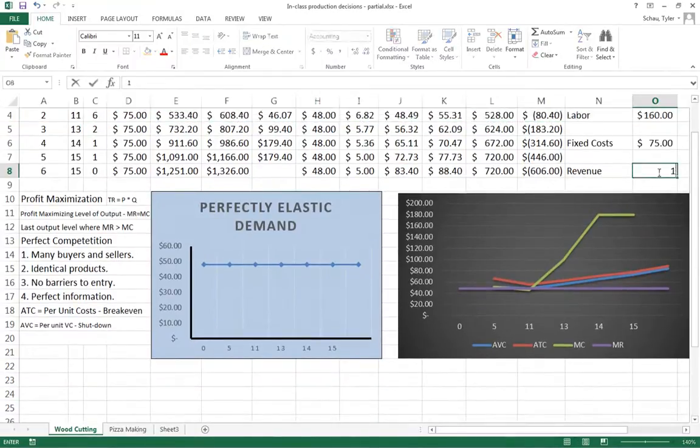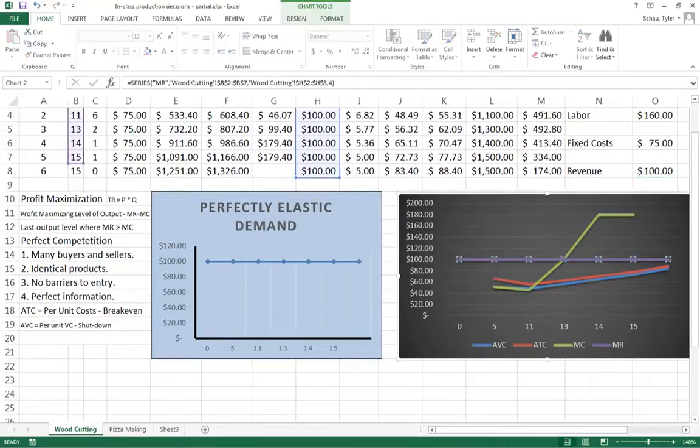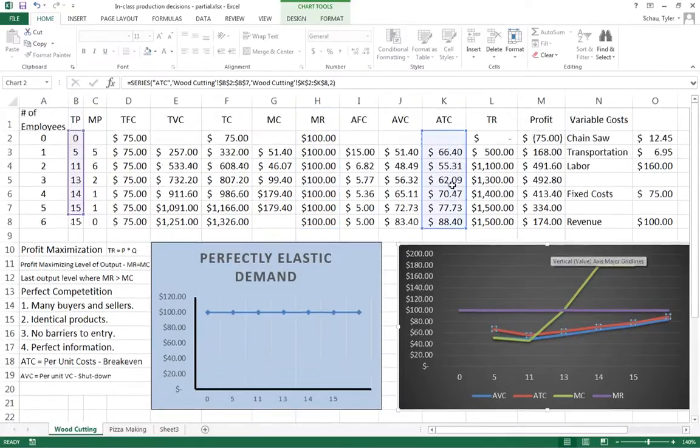Let me take this back to $100 here. That means we're going to produce at this level 13 units. Okay, marginal revenue equals marginal cost there. I can figure out at that level my average total cost is $62.09 and my average variable cost is $56.32. I'm covering both of those and I'm making money. I'm making profit. Hopefully that kind of helps to understand how these work.